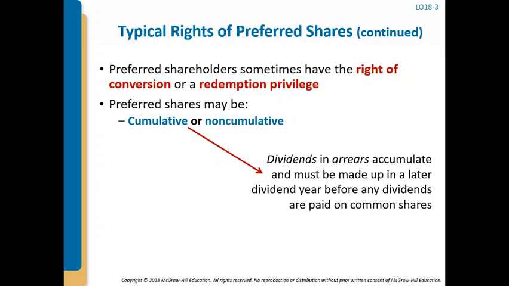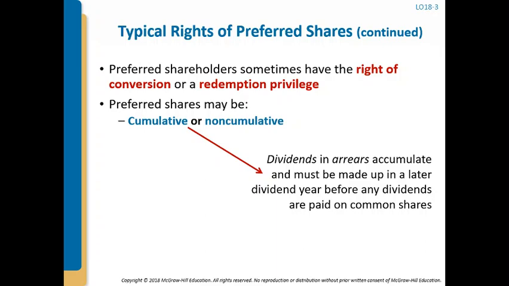Other rights that preferred shareholders might have is a right to conversion. This would be their right to convert their preferred shares to a certain number of common shares. They could have a redemption privilege, which means that the corporation agrees to redeem their shares at a certain pre-specified amount.